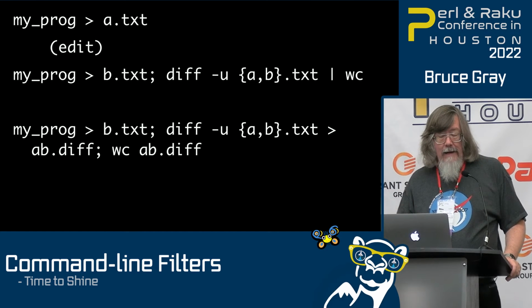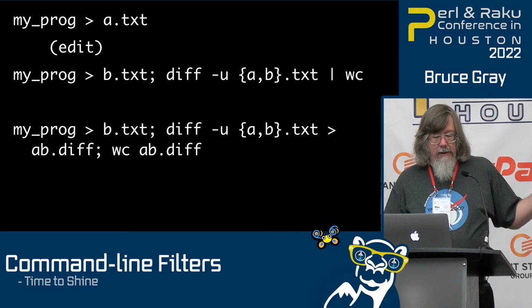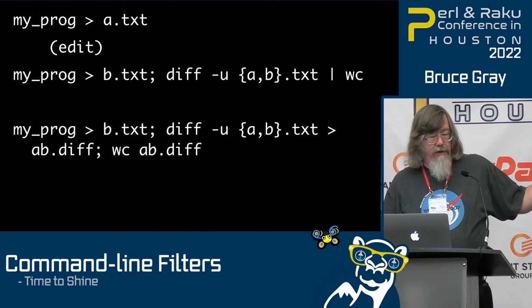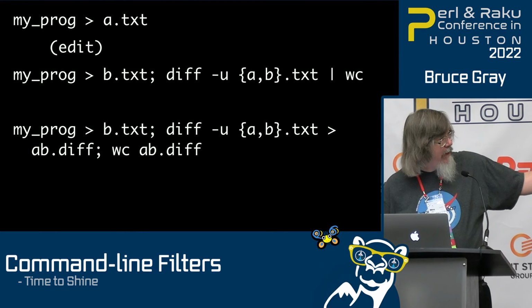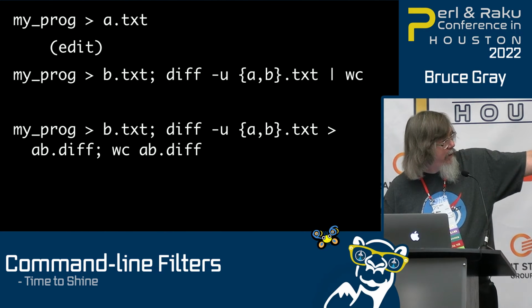With slightly more typing, instead of piping to word count directly, you redirect to a diff file that you named. Here I call it ab.diff. Oh, I guess I should mention that particular syntax might not work on Windows. In curly braces, I've got a comma b.